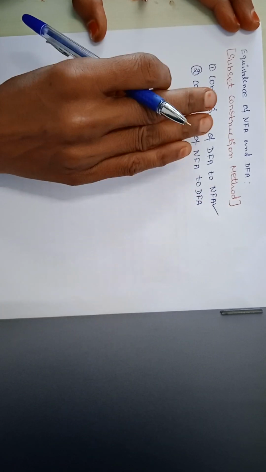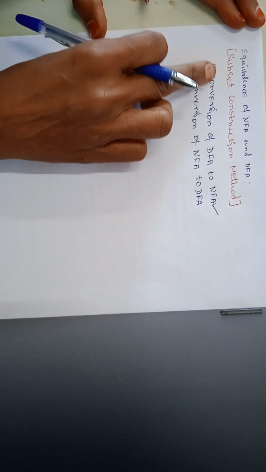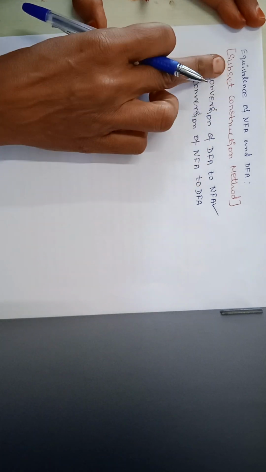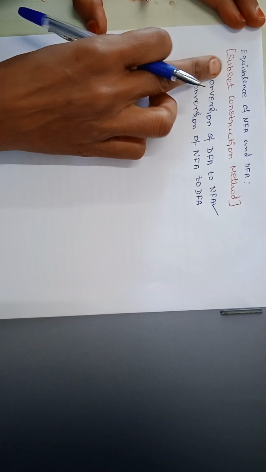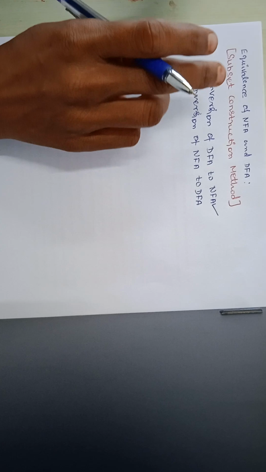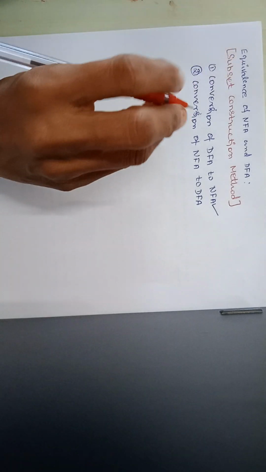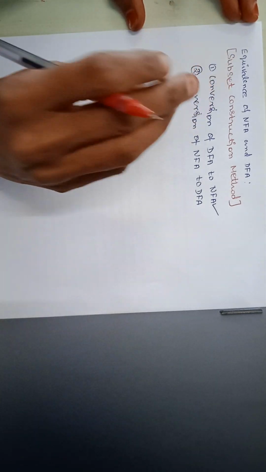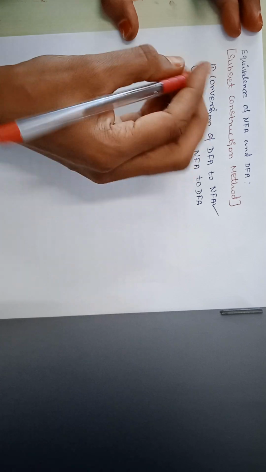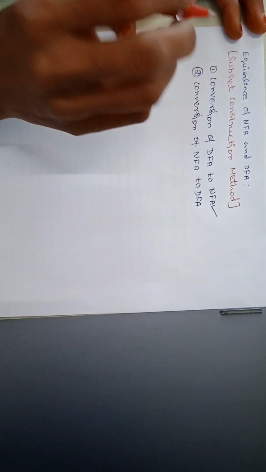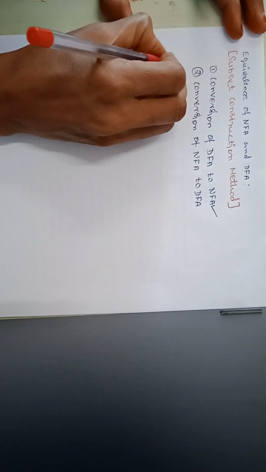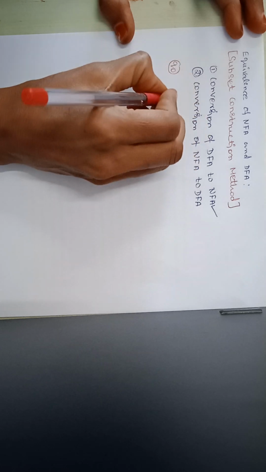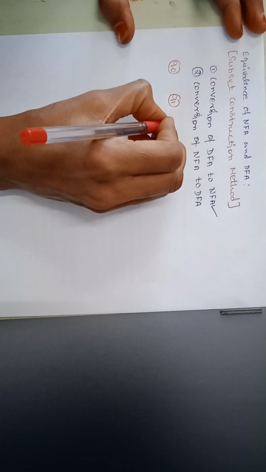In this video, we are going to convert NFA to DFA using the subset construction method. So now we will discuss one example for this. Here I take one NFA diagram with states Q0, Q1, Q2.